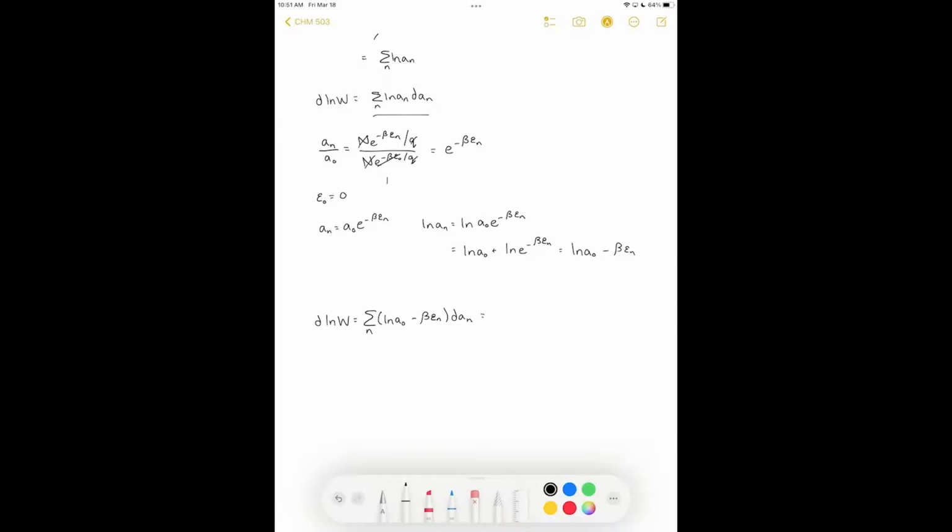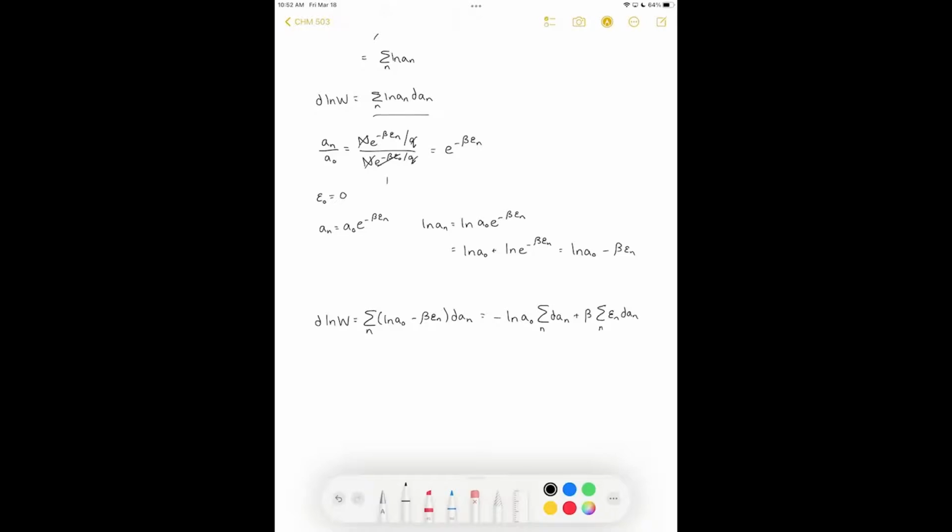And we can rewrite this as two sums. We have the negative natural log of a_0 times the sum over n of dA_n. And then we have plus beta times the sum over n of the energy times dA_n.